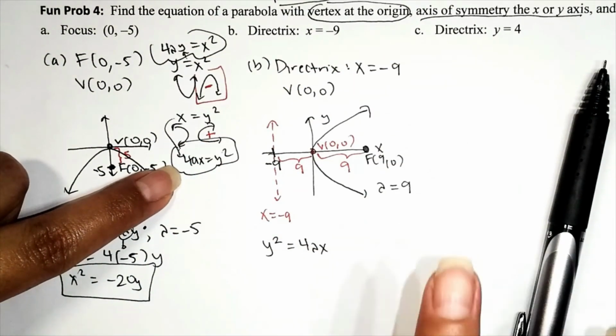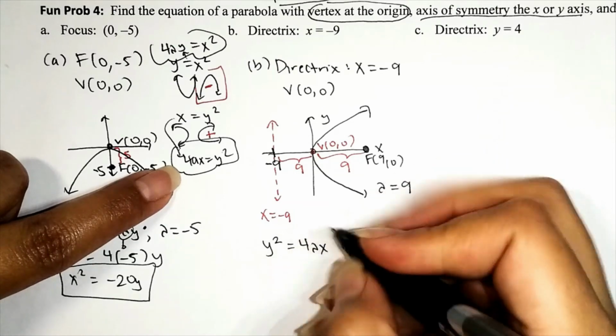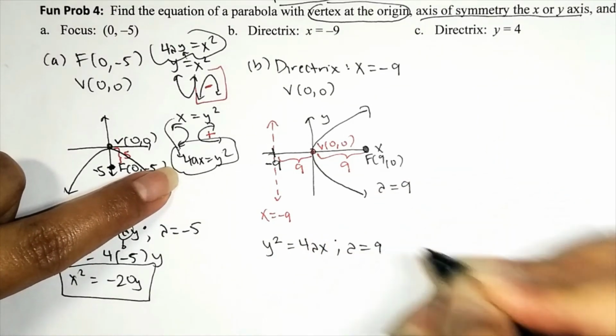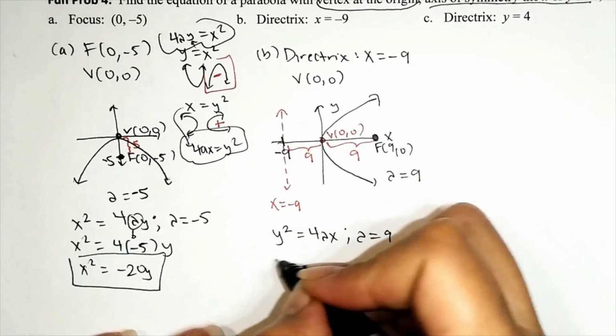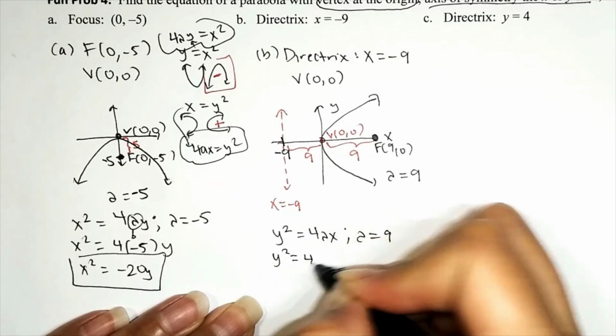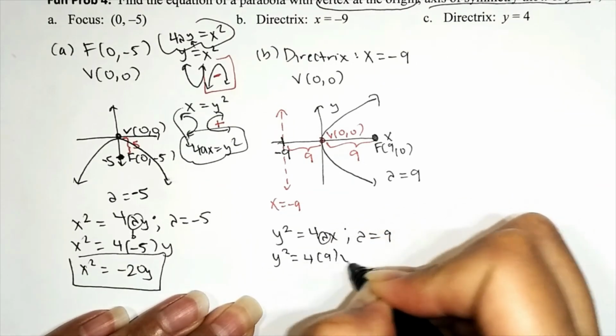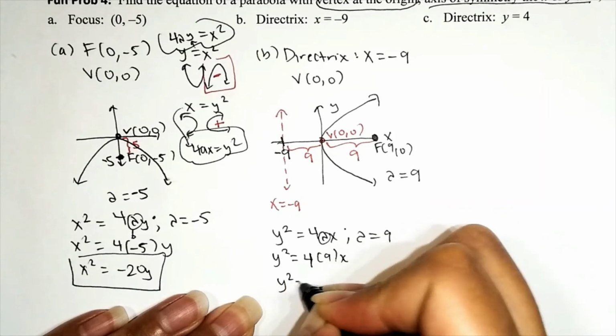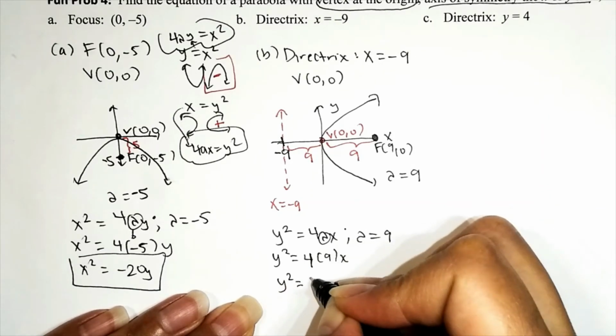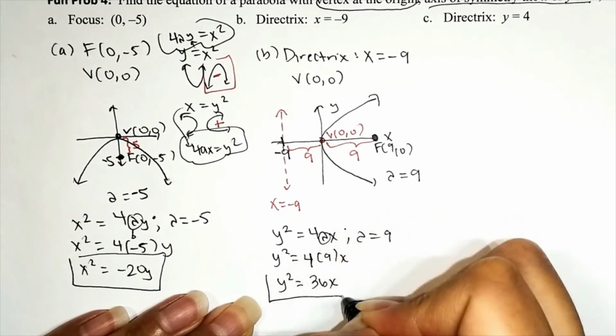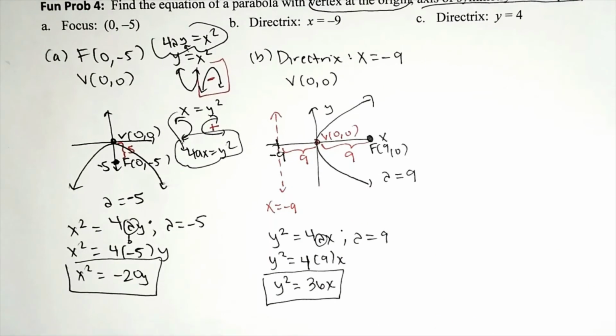So it's going to stay as positive 9. Let's go ahead and pencil in what we know. We have that a equals 9. So that will give us y squared equals 4 times a, which is 9, times x. And last time I checked, the product of 4, 9, and x will give us 36x. So thanks to your hard work, we have that y squared equals 36x.